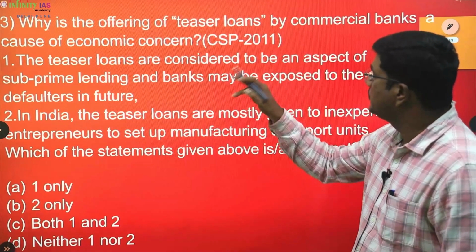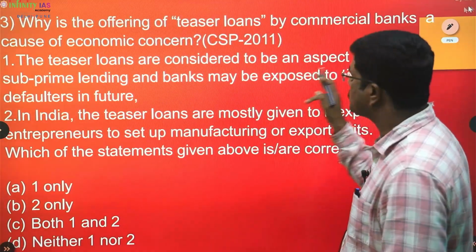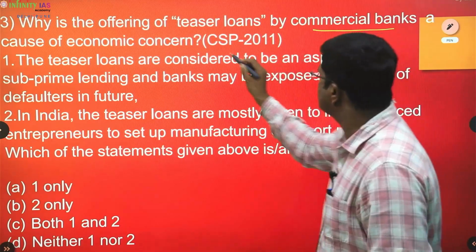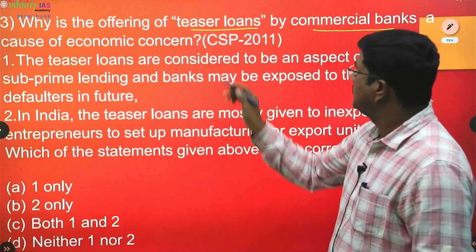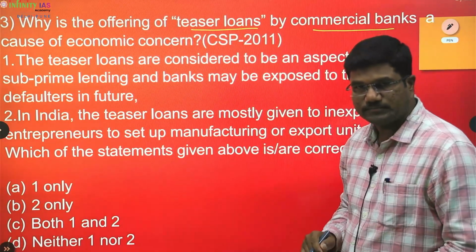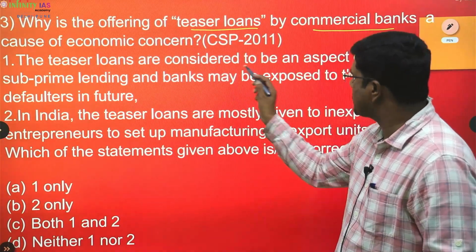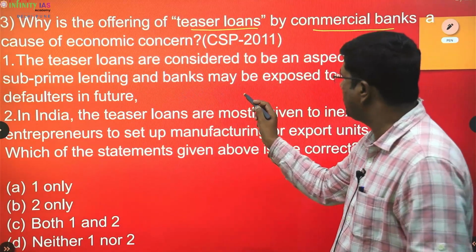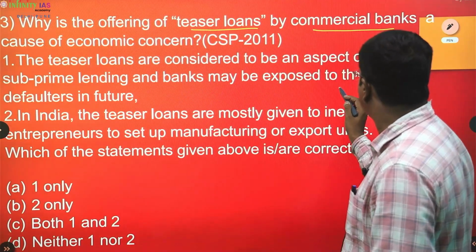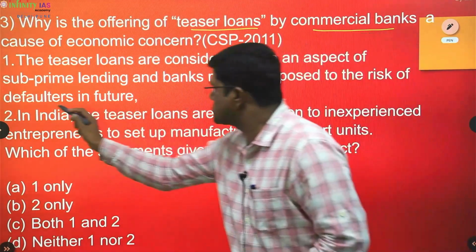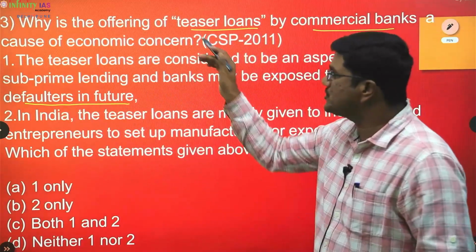Now next question: why is the offering of teaser loans by commercial banks a cause of economic concern? You should know the concept of teaser loans. Teaser loans are considered to be an aspect of subprime lending and banks may be exposed to the risk of defaulters. What are teaser loans?